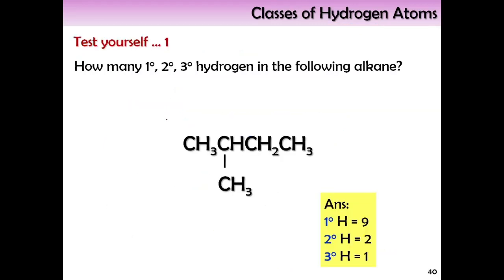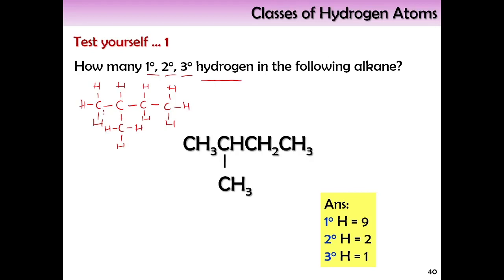Okay, so how many? Primary, secondary, tertiary hydrogen. Okay, the answer is already given, but let us see where. Okay, this one, if we expand the structure, okay, let us expand the structure. C H H H C H C H. Okay, so let us classify the carbon first because the hydrogen depends on the class of the carbon.